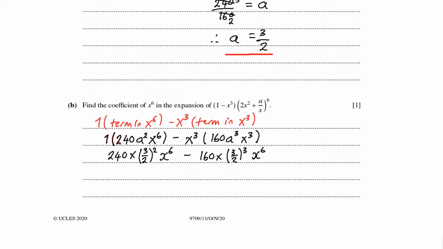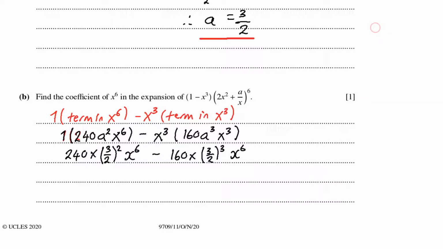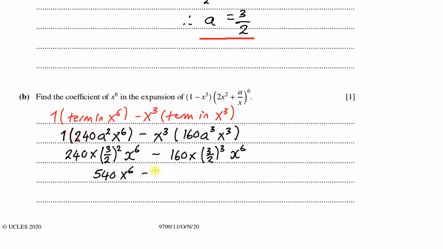So let's simplify this. So we have 240 times 3 over 2 squared, and this gives us 540. So here we have 540 x to the power of 6, and that's minus 160 times 3 over 2 to the power of 3, and again it gives us 540 x to the power 6.